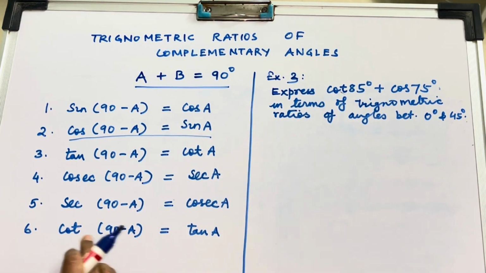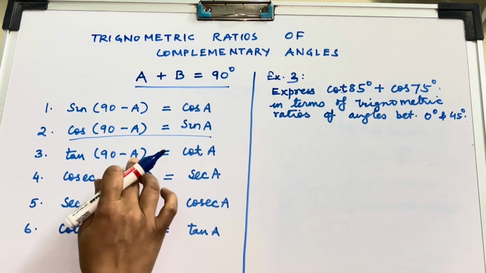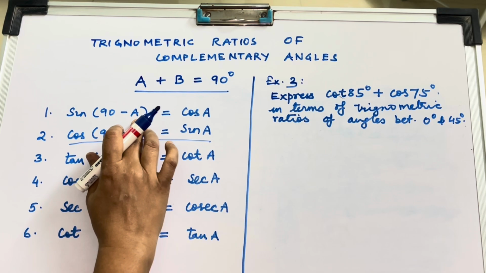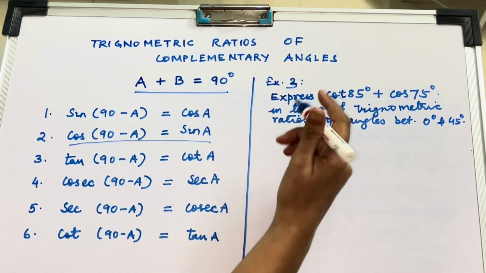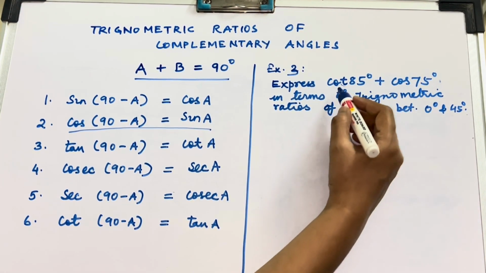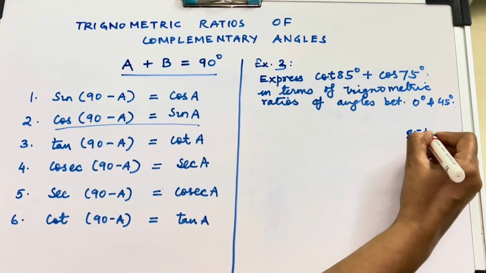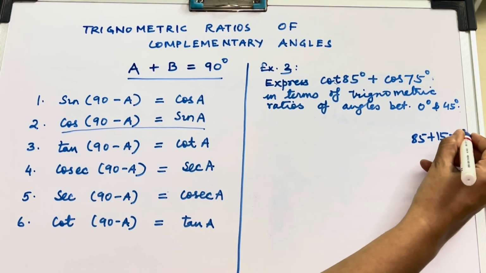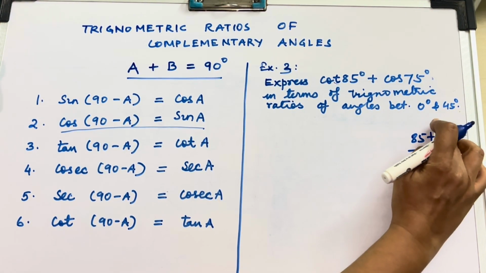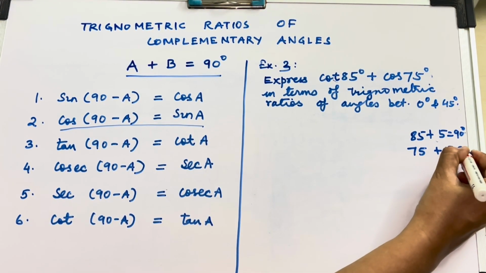Cot is tan 90 minus A and cos is sin 90 minus A. So 85 and 75: 85 plus 5 is equal to 90 degrees, and 75 plus 15 is 90 degrees.